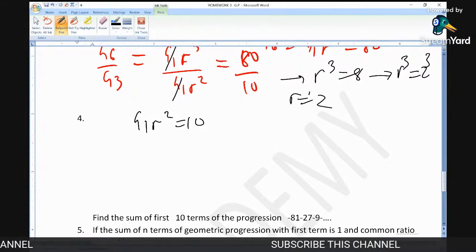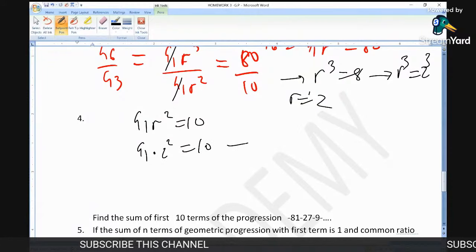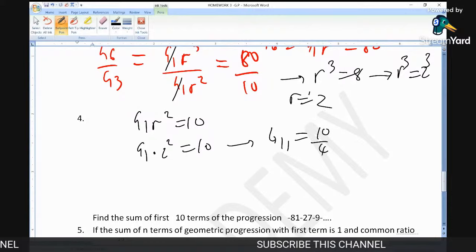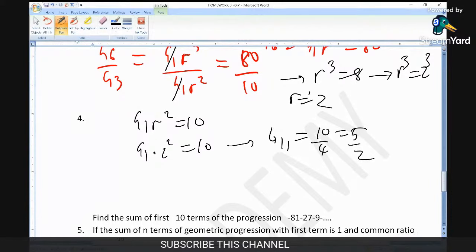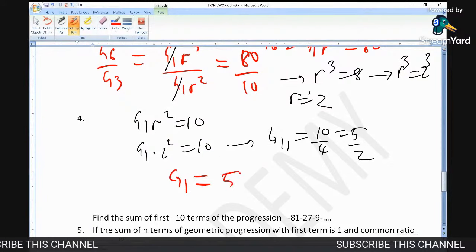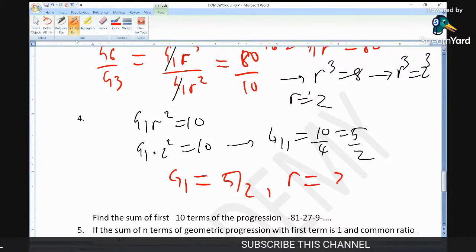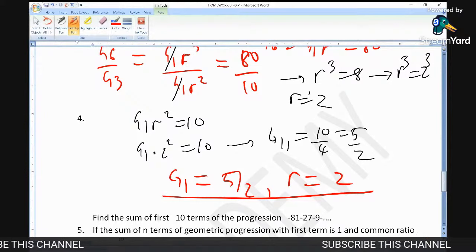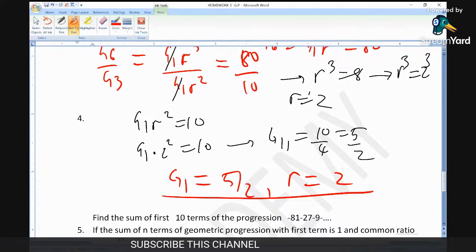So G1 times 2 square equals 10, meaning that G1, dear friends, equals 10 over 4, which is 5 over 2. So the first term G1 is 5 over 2, and the common ratio equals 2. That was the previous question.